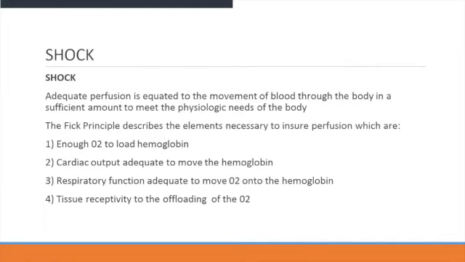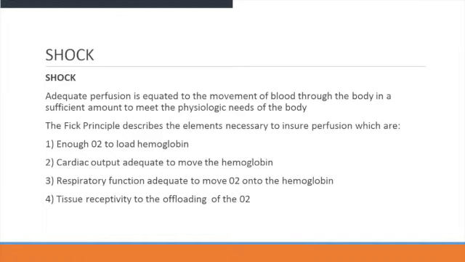So the Fick principle is saying you need to have enough fluid floating around in the system to carry the O2. The fluid is going to contain a large amount of hemoglobin. Each hemoglobin is able to hold 4 O2 molecules. So you need to have enough fluid in the circulatory system.